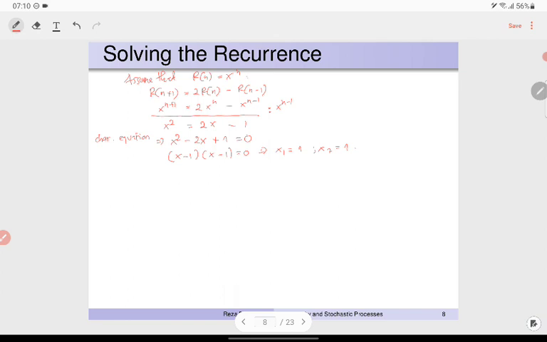Because we have these two roots, the solution of this recurrence is given by the linear combination of these two.